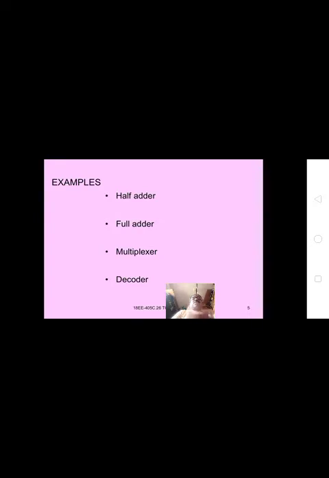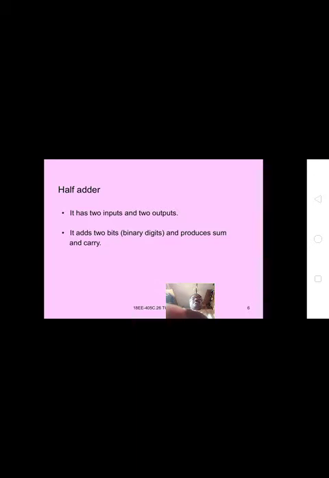Once again I am recalling what is meant by combinational logic circuits. The circuits in which its outputs depend only on its present inputs is nothing but the combinational logic circuit.